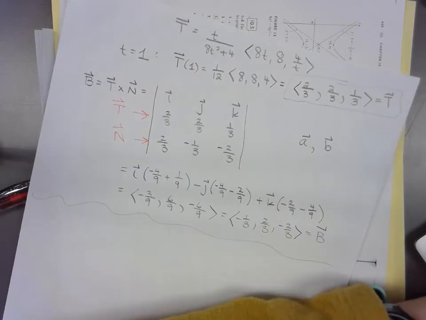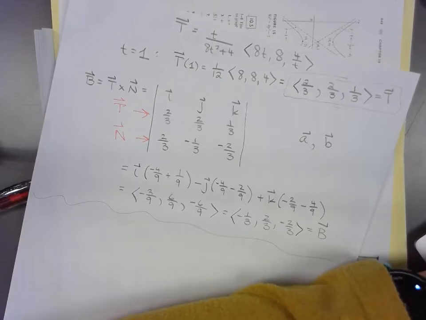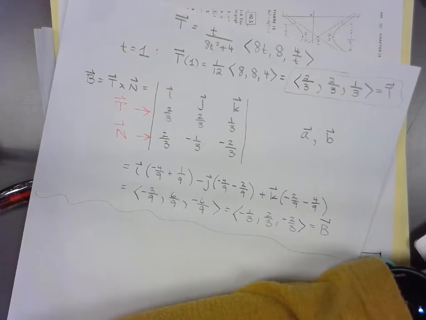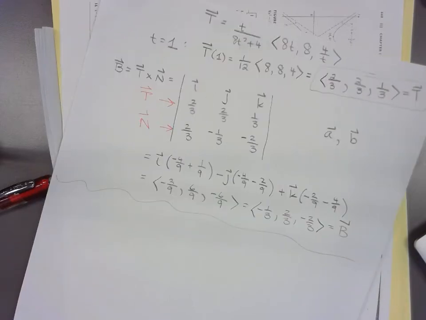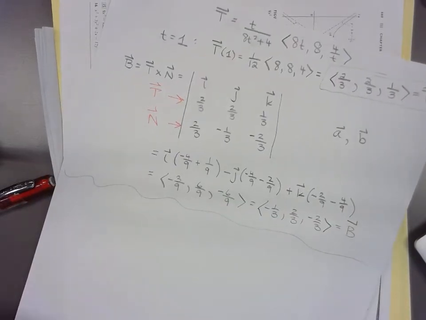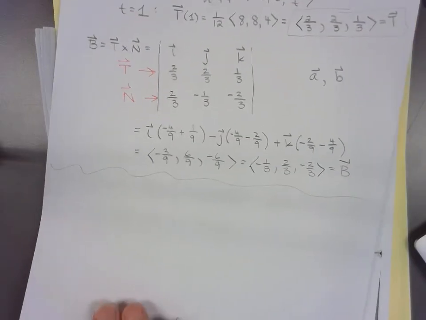So what's the first component? 0. 10. Negative 10. Okay, so now what do we do?